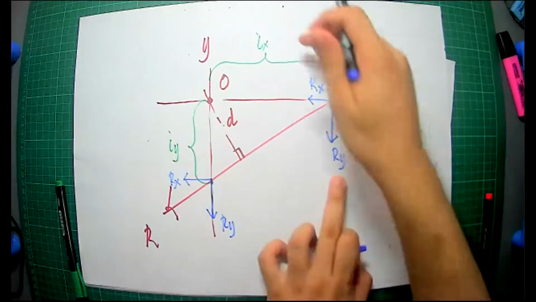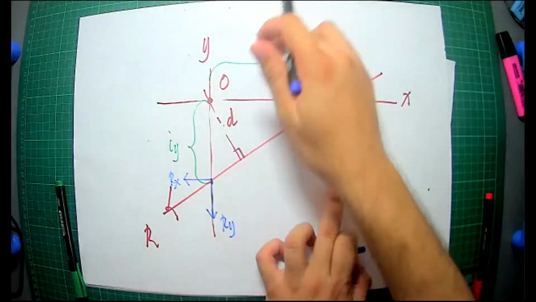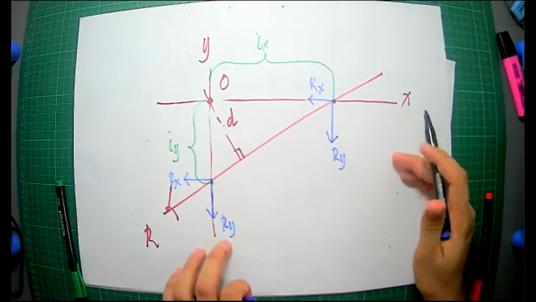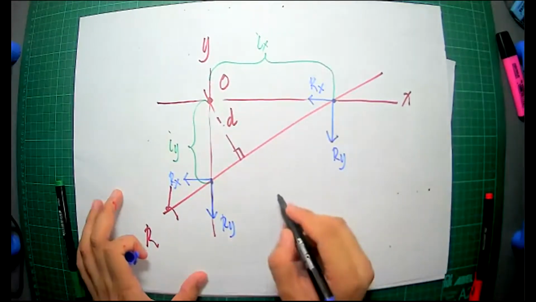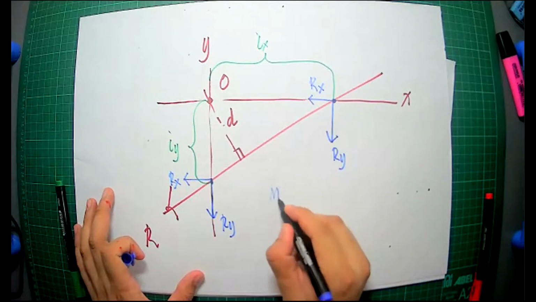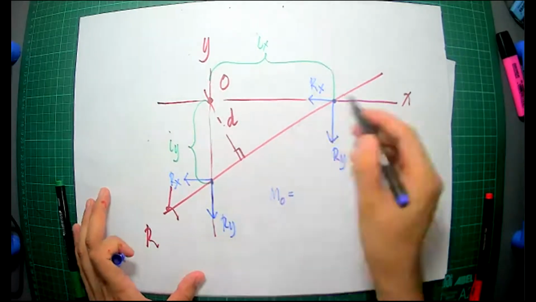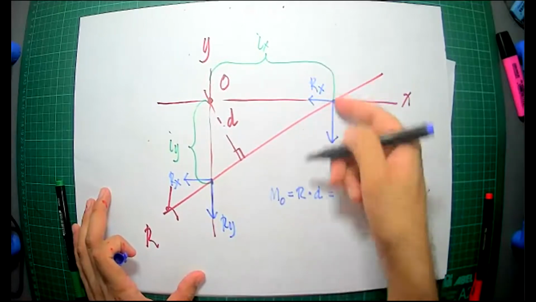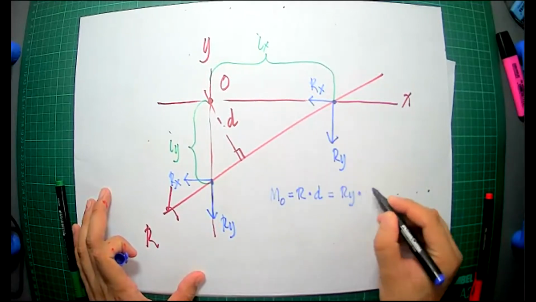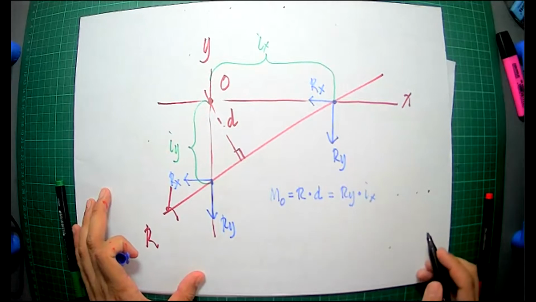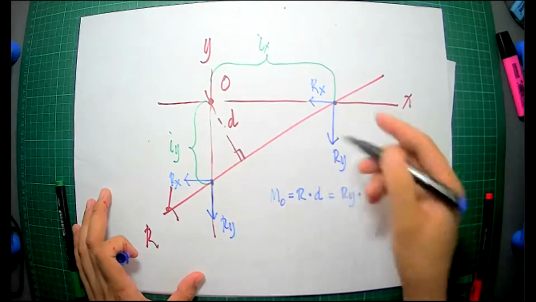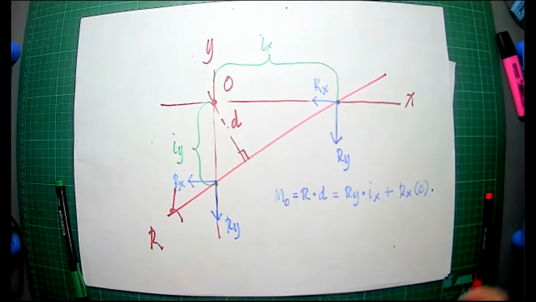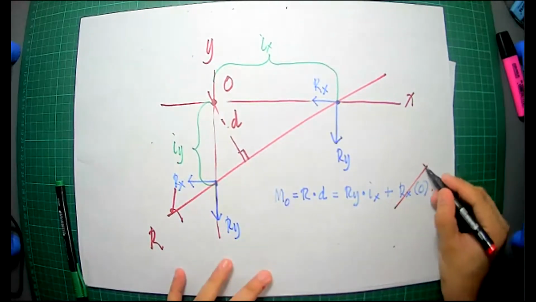If you have Ry times I sub X, that is also equal to the moment. How do we prove that? If the moment at O is equal to R times D, definitely it is also equal to Ry times I sub X plus Rx times 0.